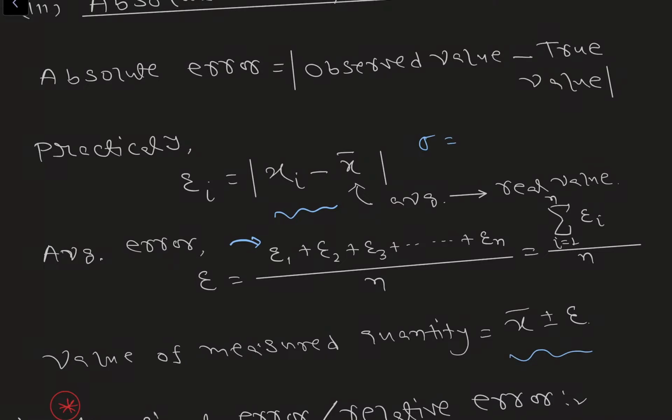Here we can write one more thing. Our sigma was the square root of the summation of (xi minus x average) whole square divided by capital N or small n.